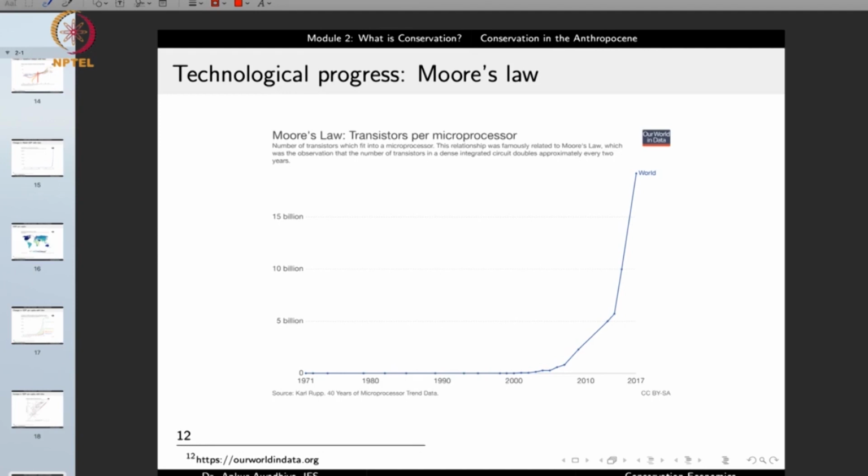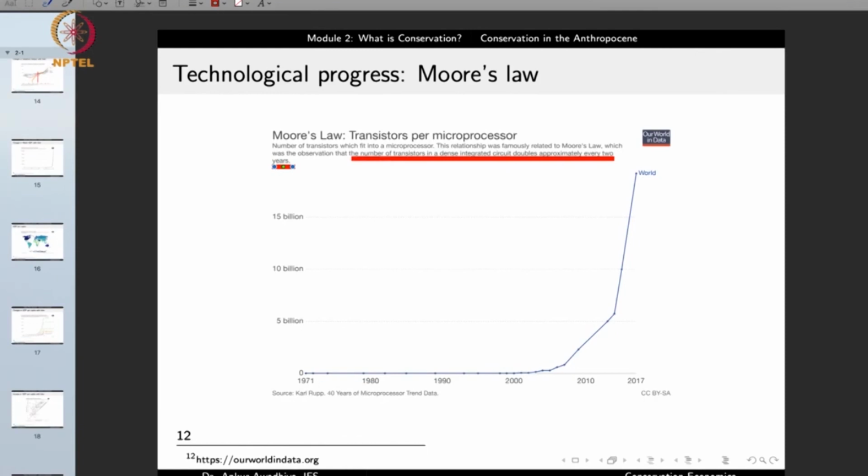Moore's law is an indication of the number of transistors in a microprocessor, and it says that the number of transistors in a dense integrated circuit doubles approximately every 2 years. So what Moore's law is saying is that if you look at an integrated circuit, the number of transistors will double every 2 years. Now, this was an observation that we had early in the 1960s.